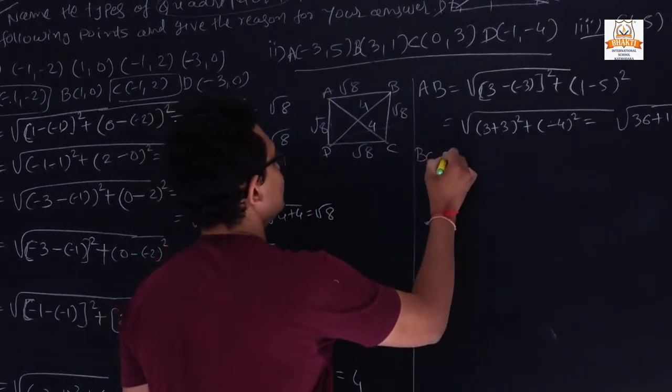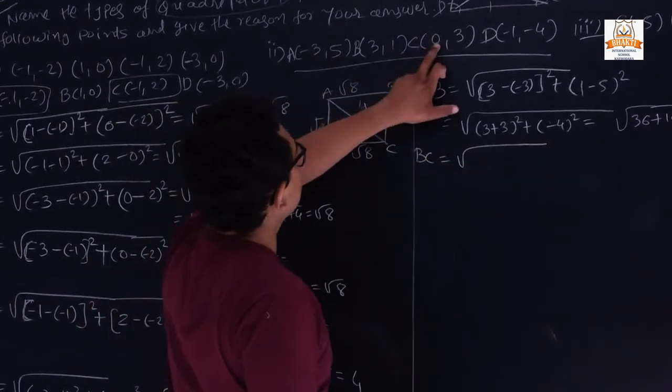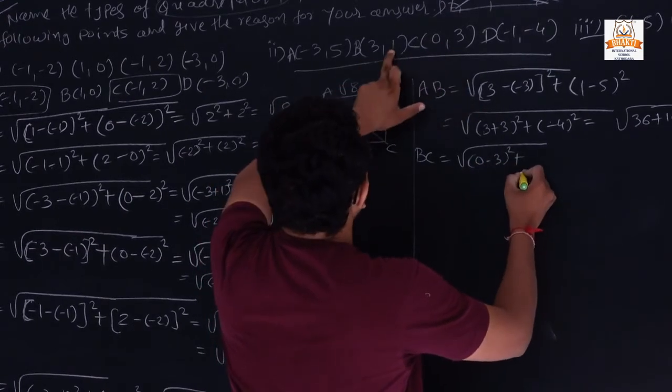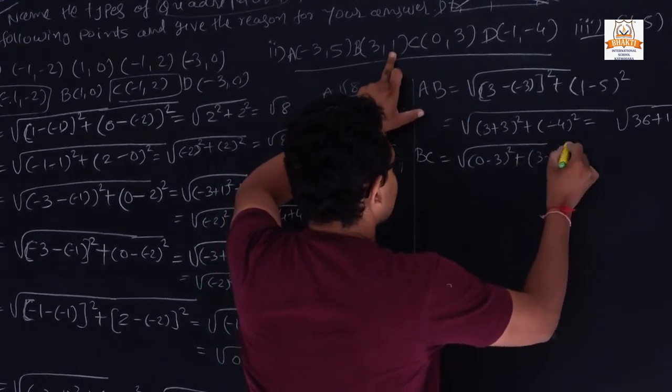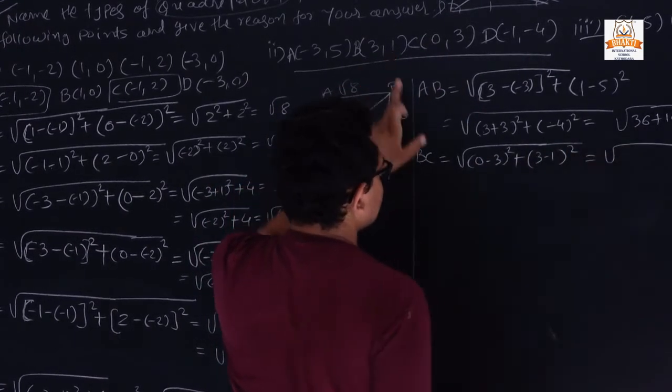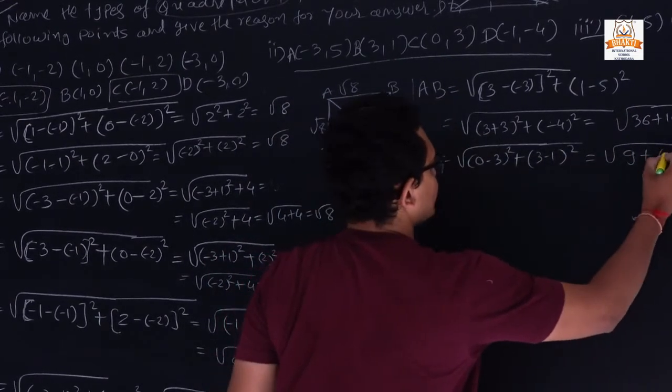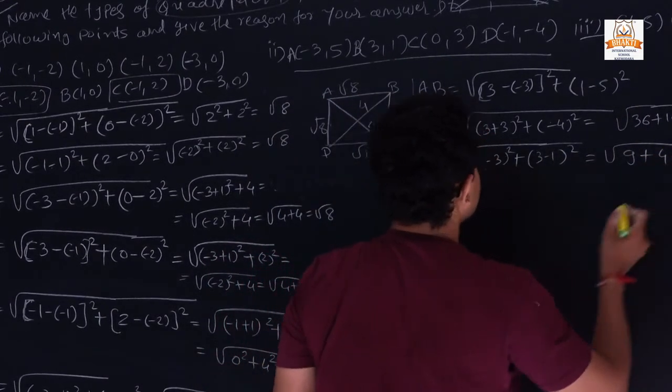Now BC, 0 minus 3 all square, then 3 minus 1 all square. So 0 minus 3, so 3 square is 9, 2 square is 4, so it will be root 13.